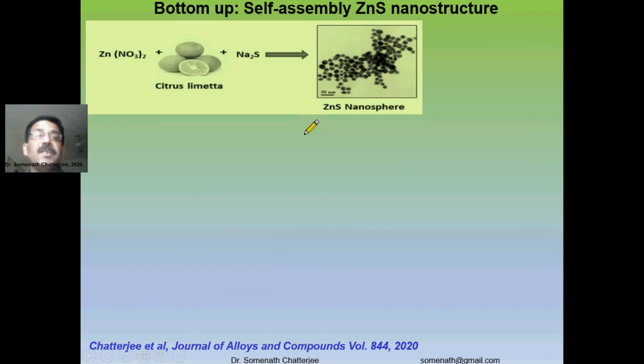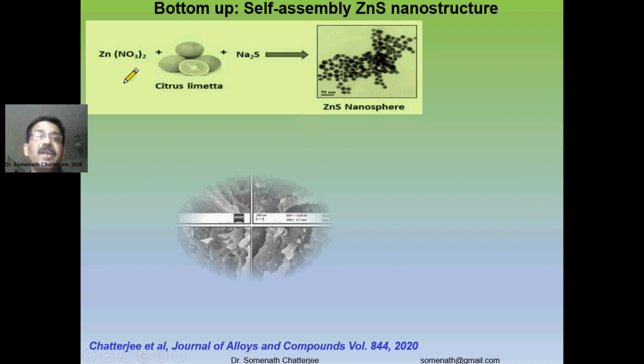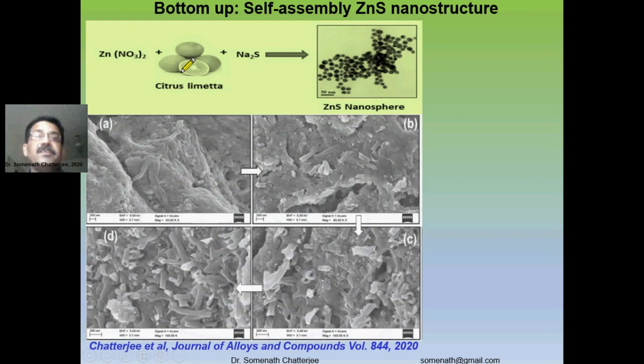Now I am giving one example here, zinc nitrate. From the zinc nitrate we use the citrus limetta, a commercial fruit available in the fruit market. The juice we are just collecting from there will be used as the binder.